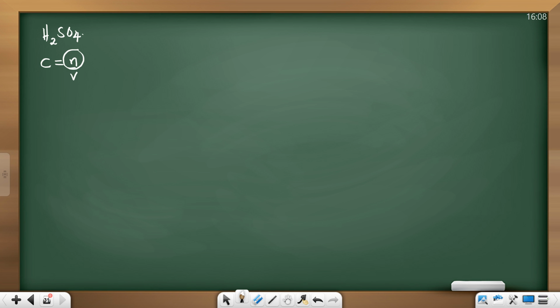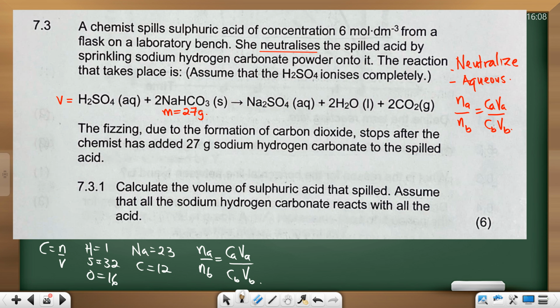What is step 1? Calculate the number of moles of the other substance that is used, reacted or produced. Which other substance do we have information about? Sodium hydrogen carbonate. Do we have the mass? We know that the entire mass reacted, because they said the fizzing stops when we have added 27. So we used all the 27 grams. Make sense? Can we calculate the number of moles there?